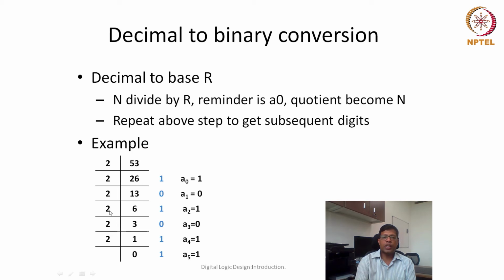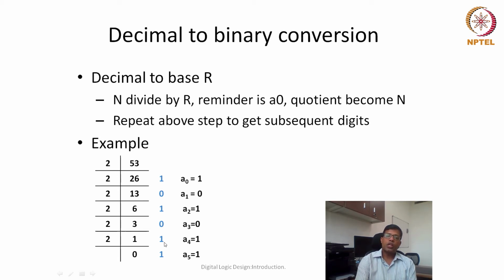And again we divide 6 by 2, it will be 3. Here the remainder is 0, so my subsequent binary bit is 0. And again I divide my number 3 by 2, the remainder is 1 and the quotient is also 1.